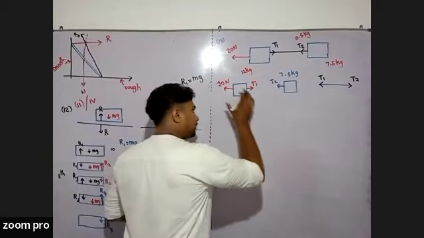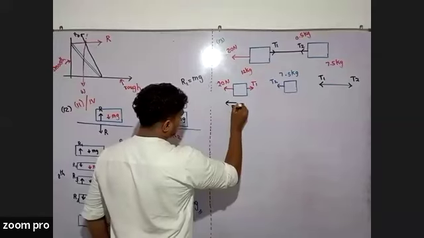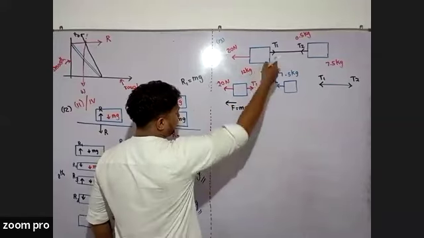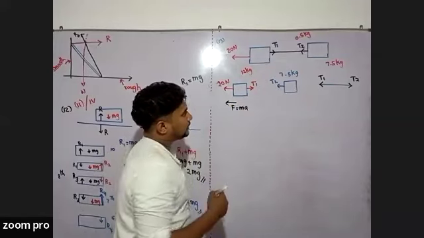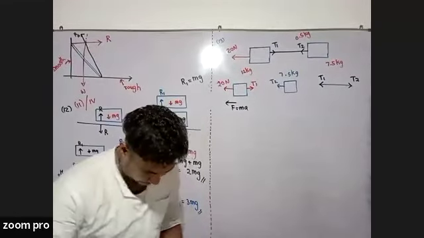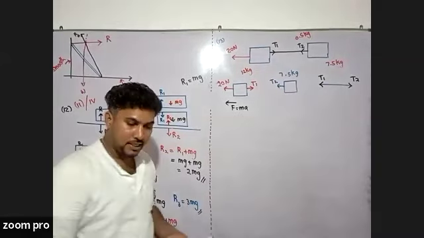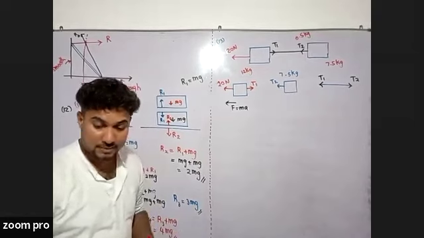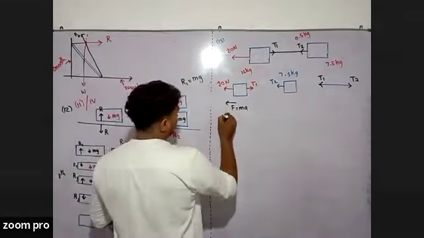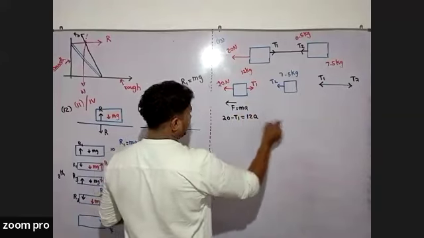So let's assume F equals ma for each object. Every object experiences the same acceleration. That means 20 minus T1 equals 12a.